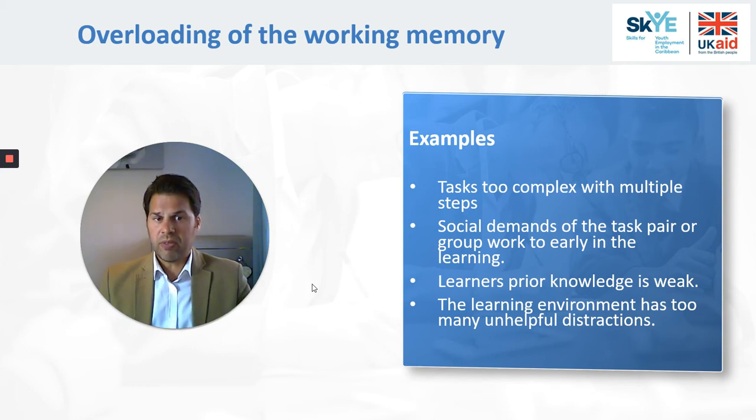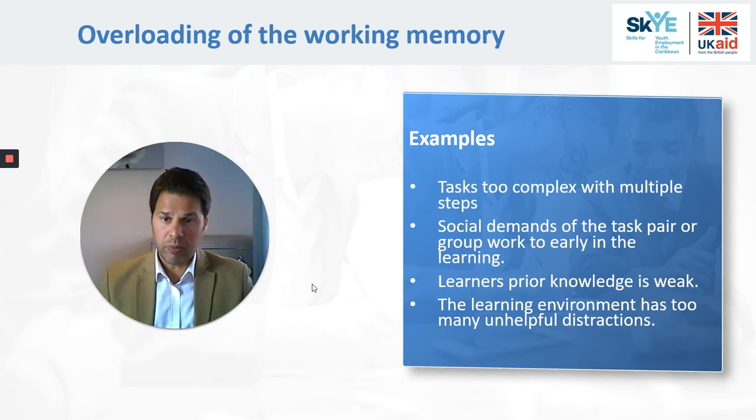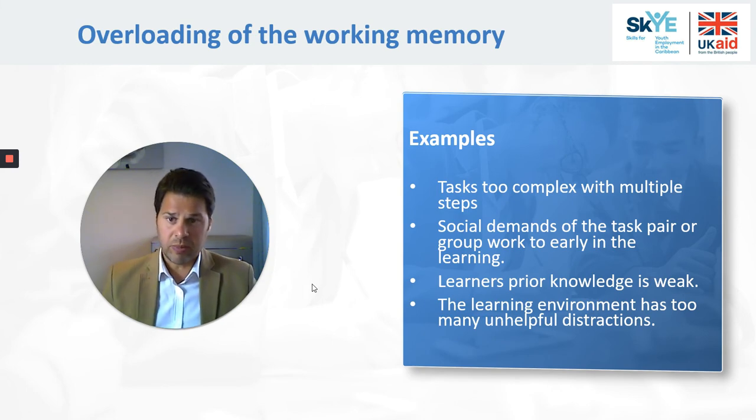The other thing that we often do is that we might place social demands in the task. So we ask students to work in pairs or group work too early in the learning process before they fully understood what they're being asked to do. And that added dimension of having to work with somebody else or having to discuss with somebody else can stop students being able to apply that learning as easily.